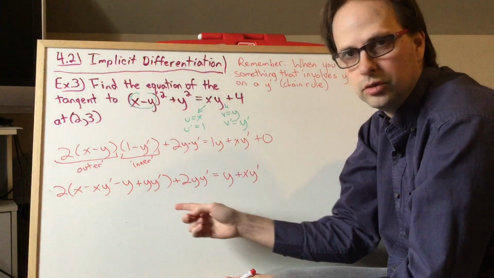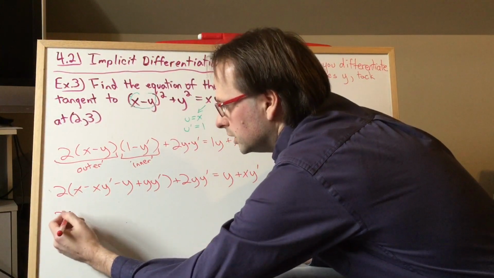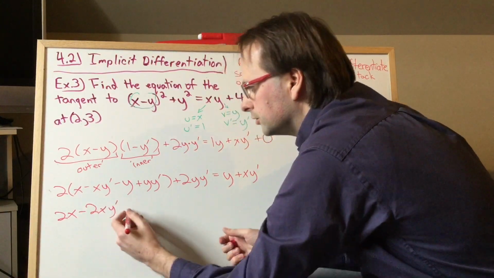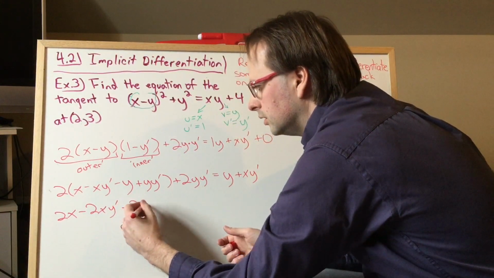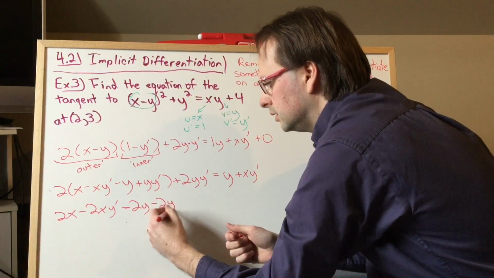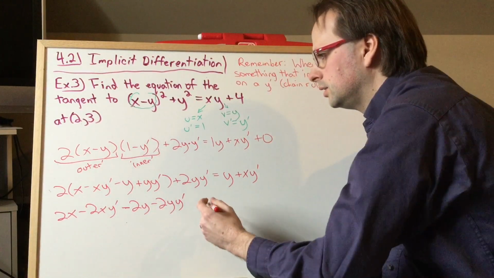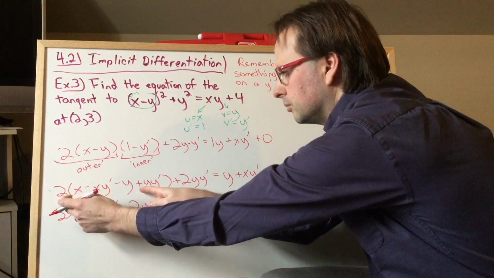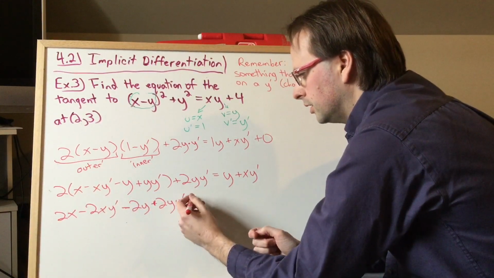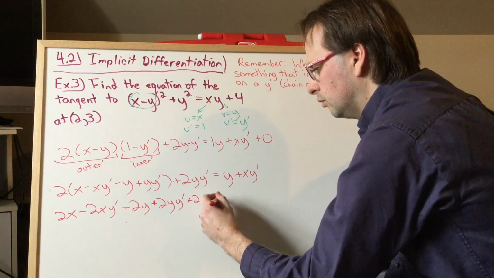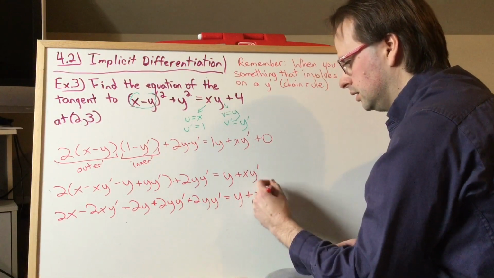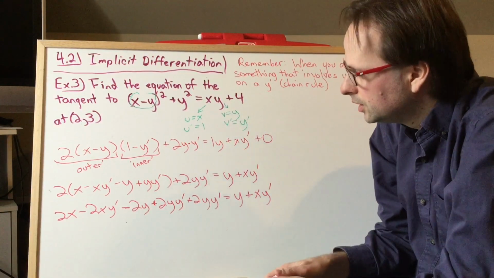Okay, let's deal with this 2 next. Maybe some of you did that all in one step. I'm a little nervous that I'm going to make a goof. And there should be a plus here. Okay, from that, plus another 2y prime equals y plus xy prime.